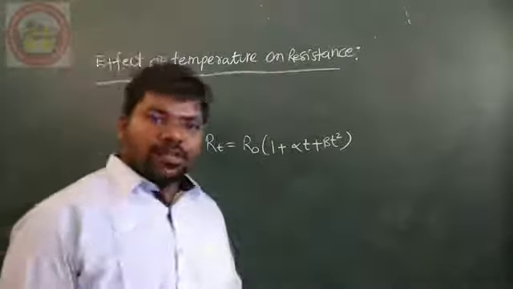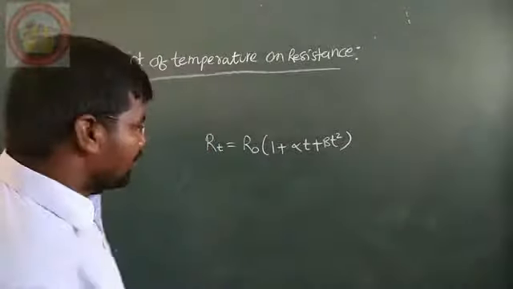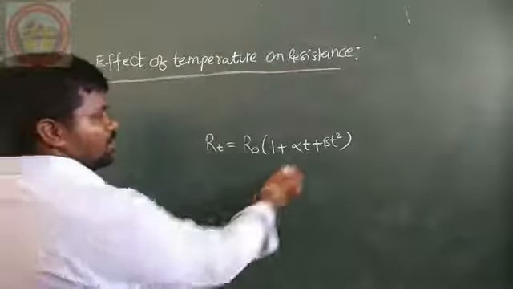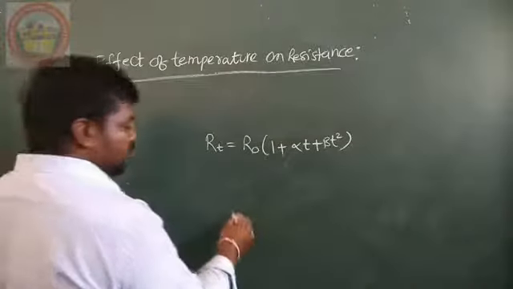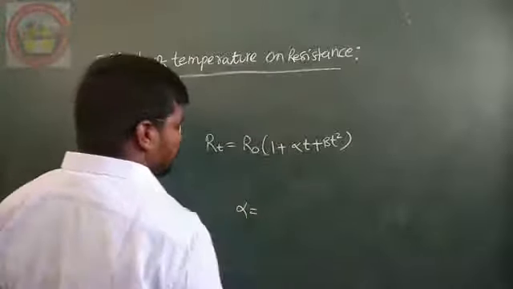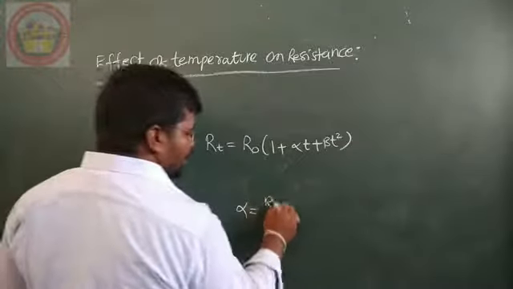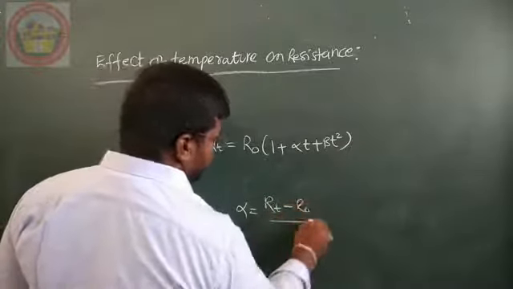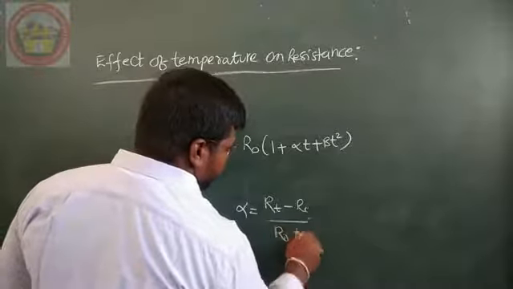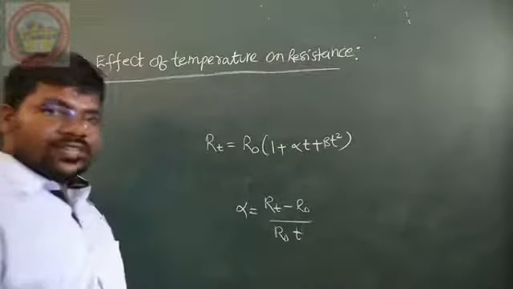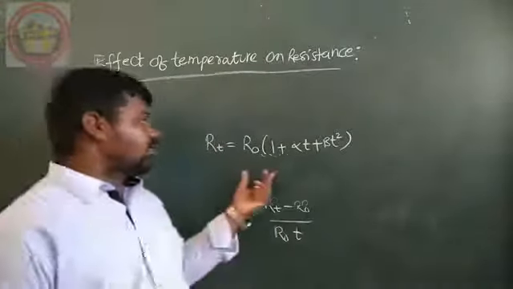In our plus 2 physics content, they give one more formula: alpha is equal to RT minus R0 divided by R0 into T.